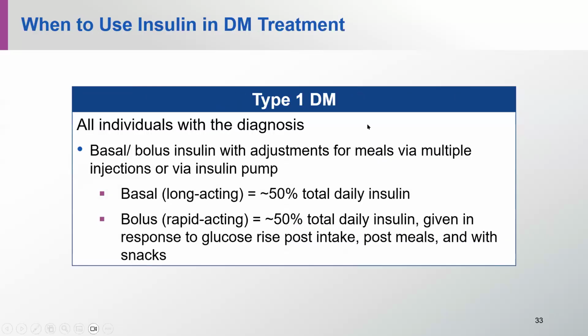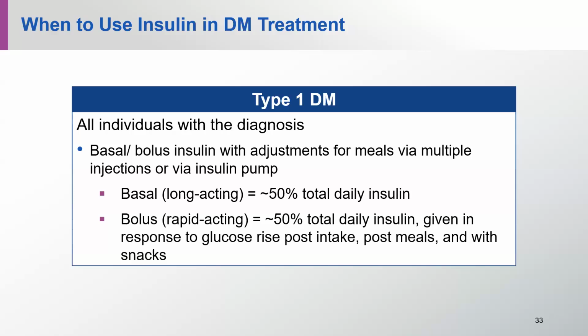All right. Now, when should you use insulin in the treatment of type 2 diabetes? Well, let's just stand back and say diabetes in general. Type 1, all individuals with the diagnosis, because of course, this is a disease of profound insulinopenia. What does the healthy pancreas do?